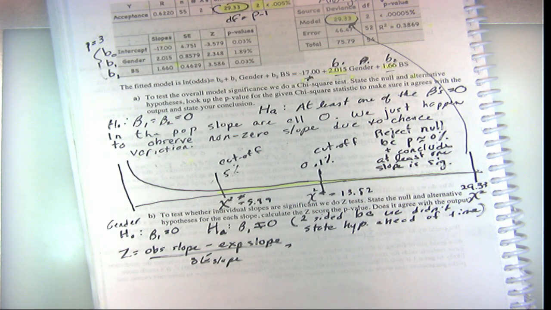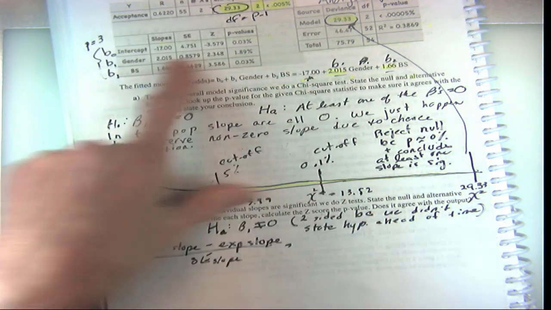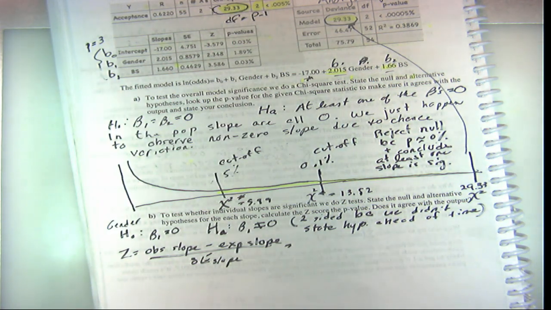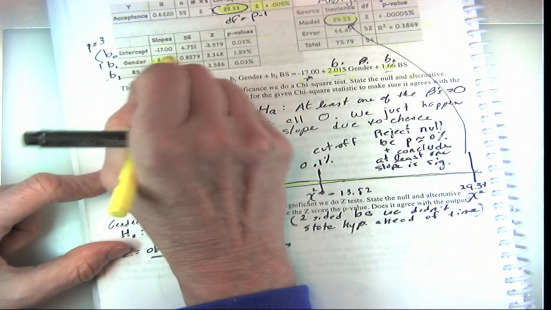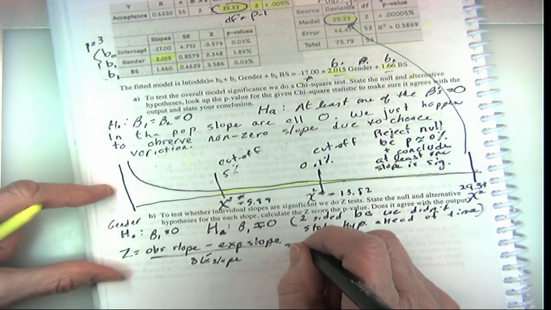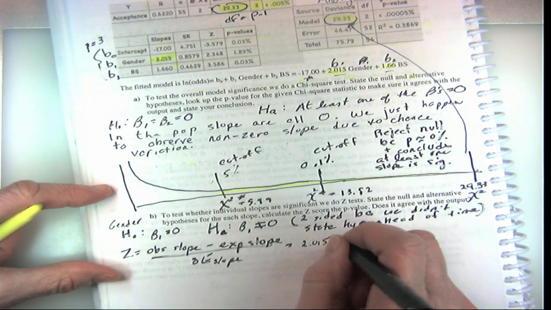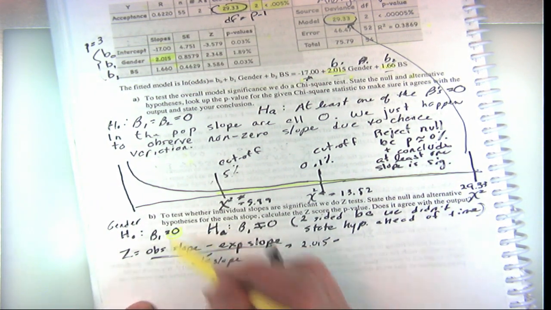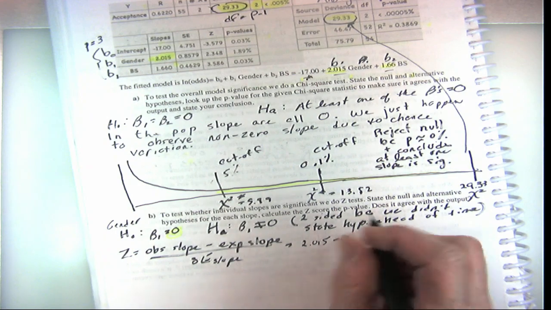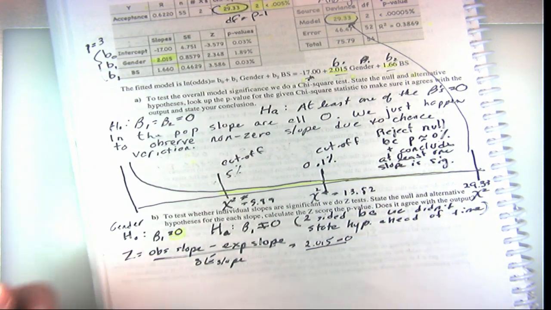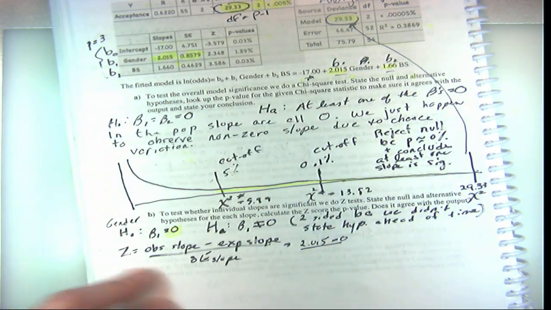Our observed slope is right here. That's what we got here. It's 2.015. Our expected is 0, what we'd expect from the null, as usual. And our standard error is given to us right here.